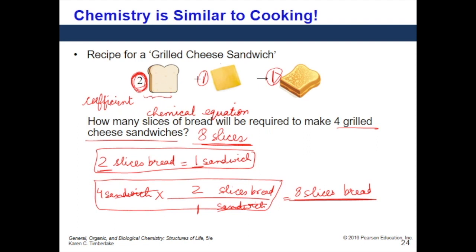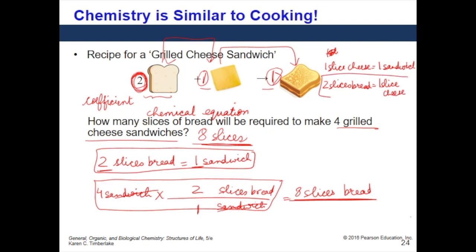Similarly, you could relate the cheese slices with sandwich, which is one slice of cheese will produce 1 sandwich. So if I need to go between sandwich and cheese, I can use this conversion factor. Similarly, you could relate 2 reactants together. So for 2 slices of bread, I need 1 slice of cheese.